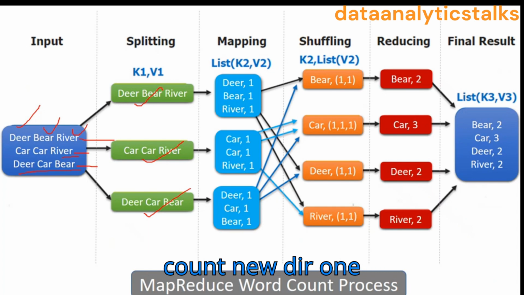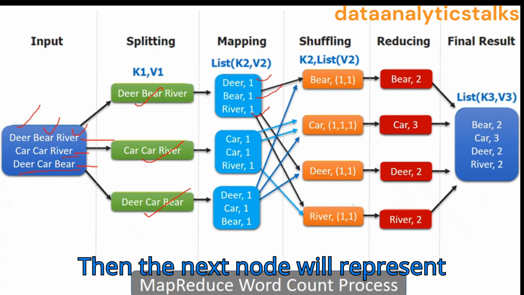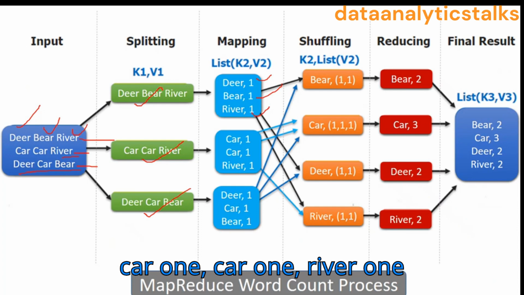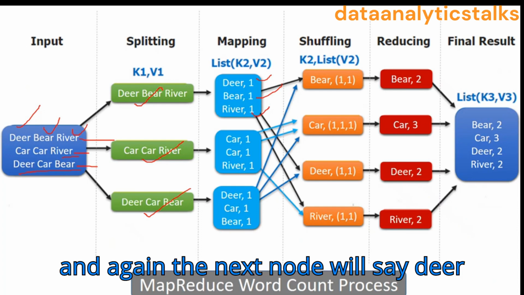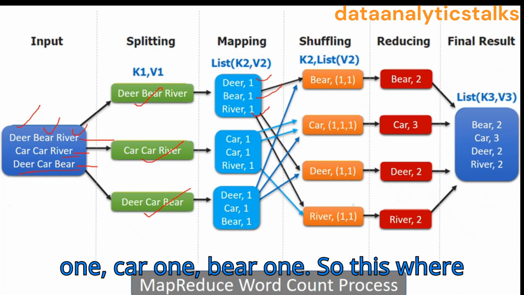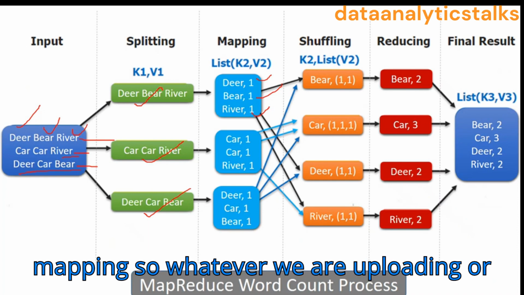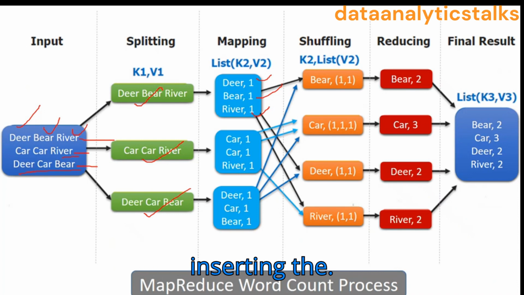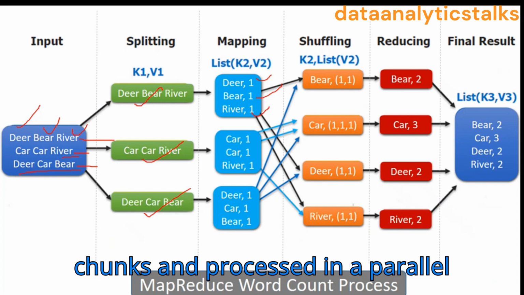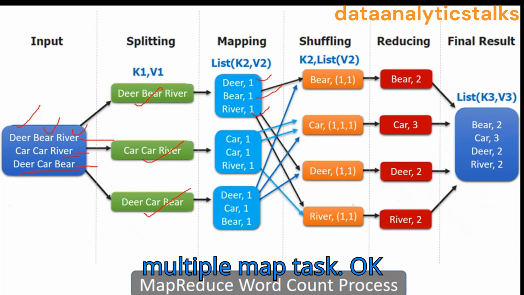Deer 1, beer 1, river 1. Then the next node will represent car 1, river 1. And again the next node will say deer 1, car 1, beer 1. So this is what we are mapping. Whatever we are uploading or inserting, the data is divided into chunks and processed by multiple map tasks in parallel.